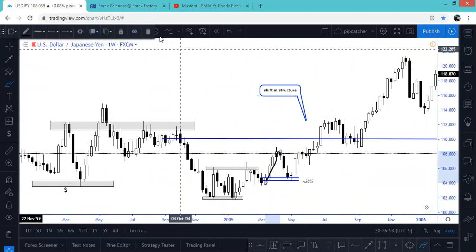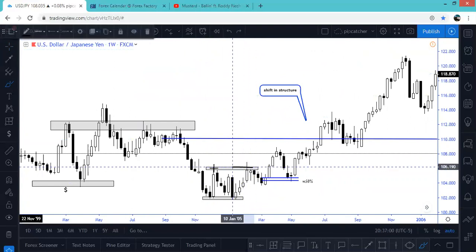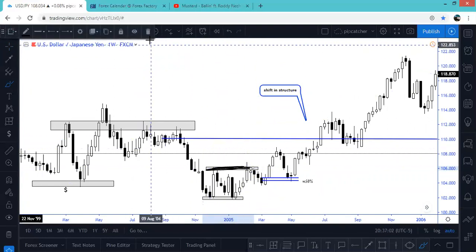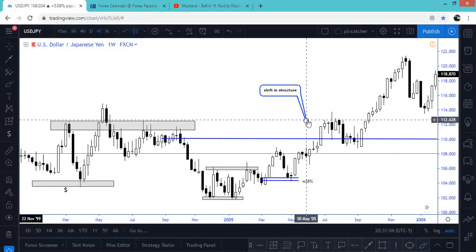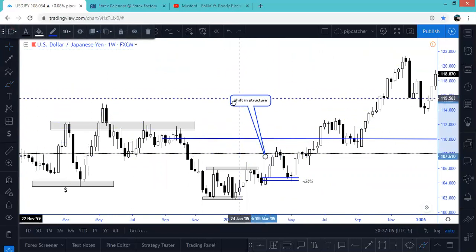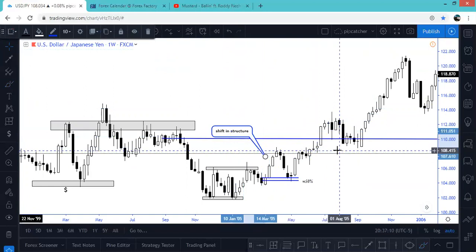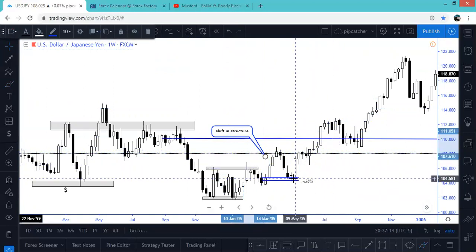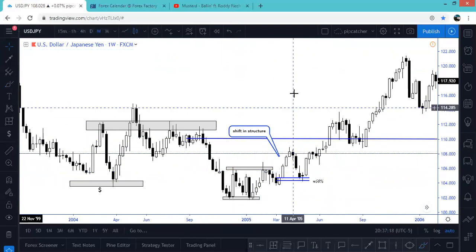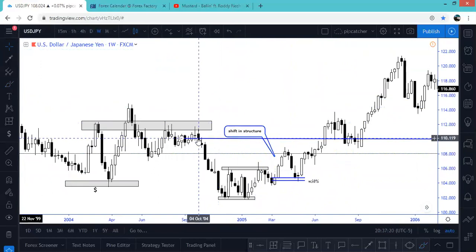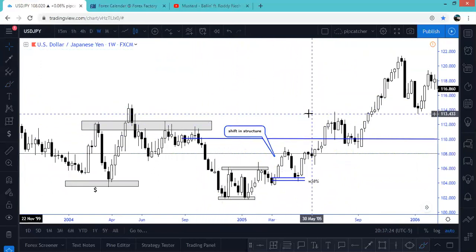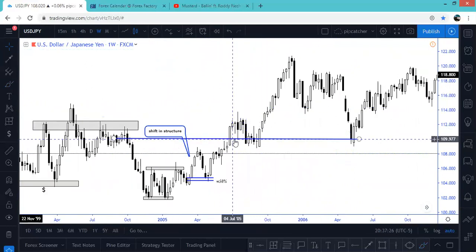We broke through the highs, letting us know we might have this shift in structure. Now, this would have been a clean entry right here. And when we look at that weekly, remember this was that weekly line right here.